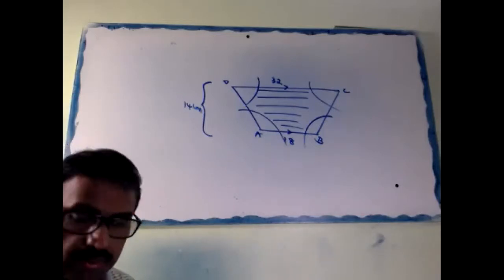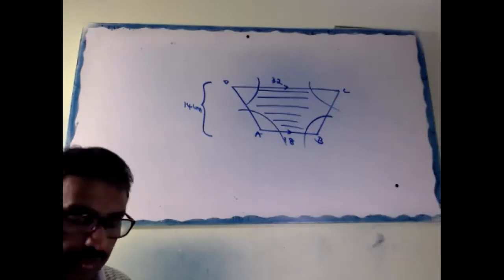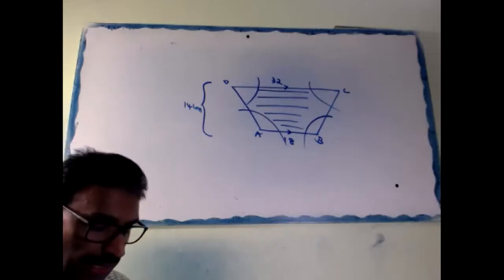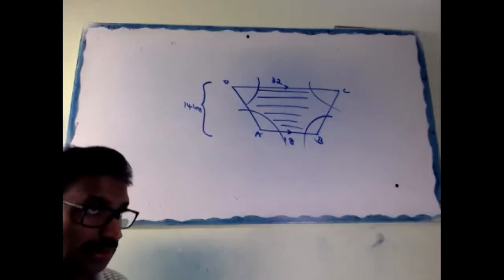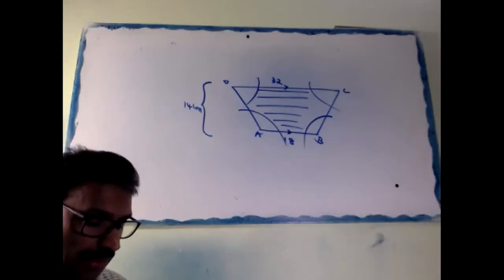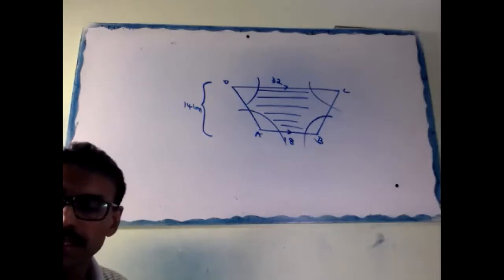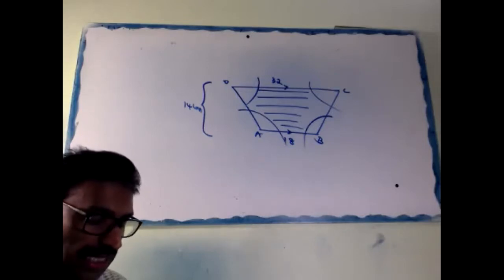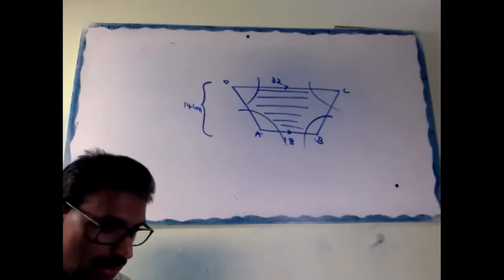Okay. Question again. In figure, ABCD is a trapezium with AB parallel DC. AB equal to 18 centimeter, DC 32 centimeter, and distance between AB and DC is 14.